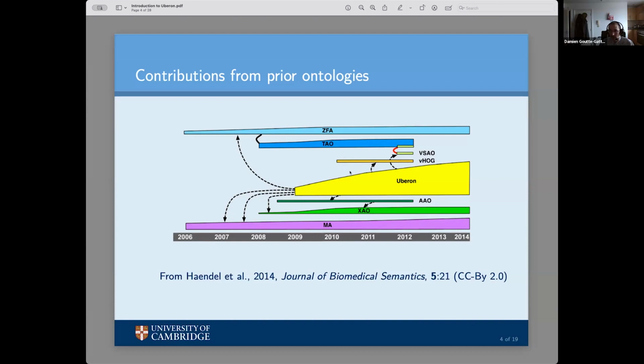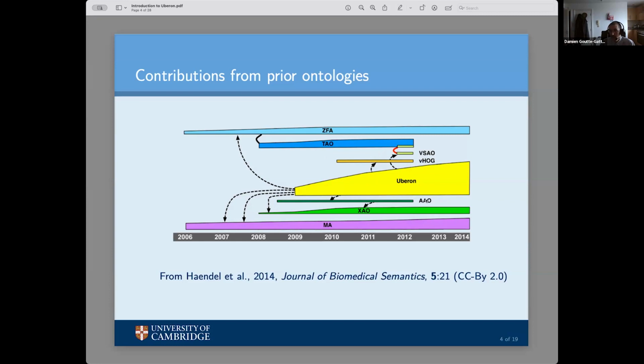as independent, separate ontologies. That's the case, for example, of the teleost anatomy ontology, the vertebrate skeleton anatomy ontology, the vertebrate homology, I don't remember exactly what the acronym stands for, but it doesn't matter. So this VHOG anatomy and the amphibian anatomy ontology, all those four ontologies no longer exist independently.